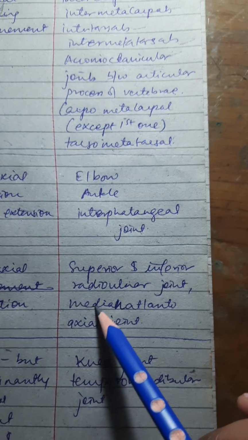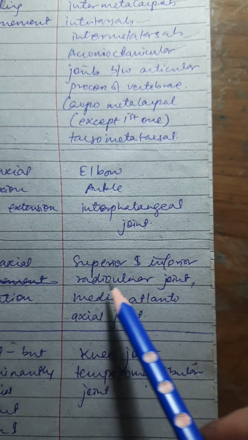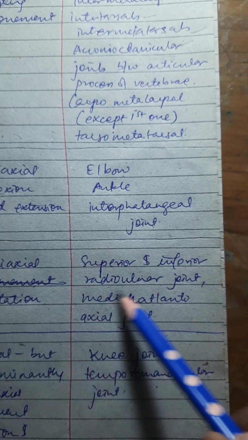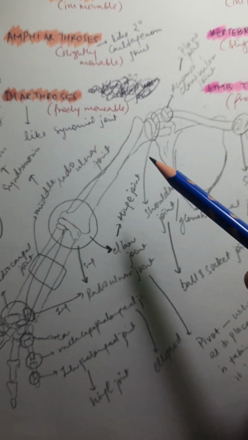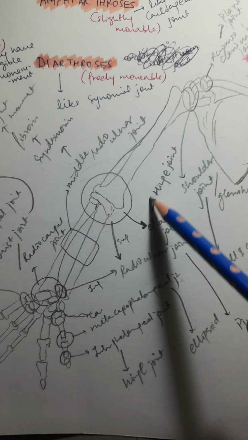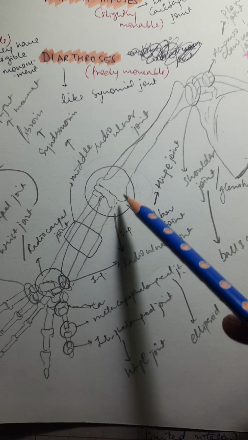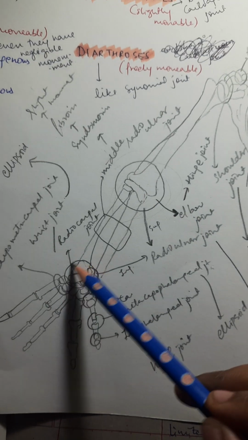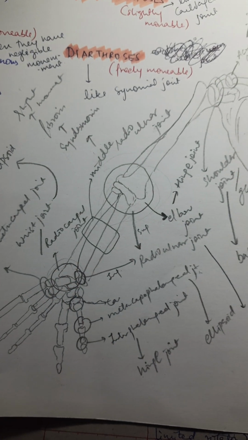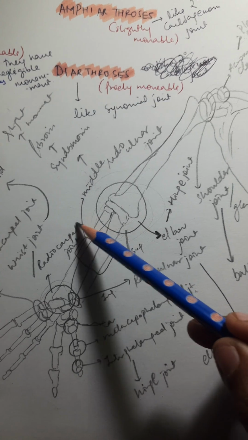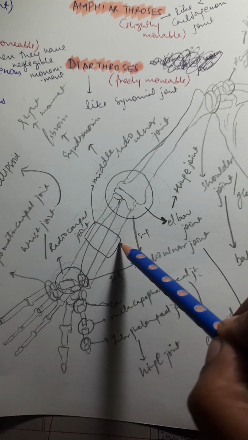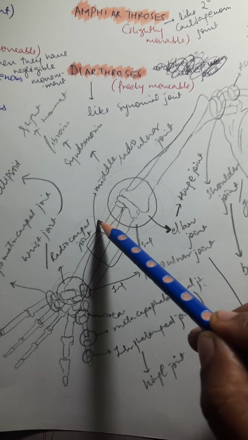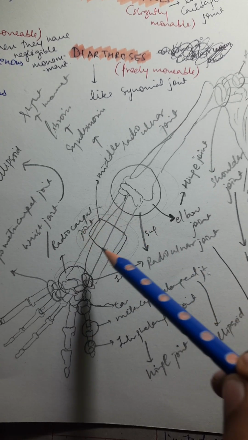The examples are superior and inferior radio-ulnar joint. Do you know what superior and inferior radio-ulnar joint is? This over here. This is superior radio-ulnar joint. This is inferior radio-ulnar joint. And this over here, my dear friends, this is the middle radio-ulnar joint. This is not a synovial joint.